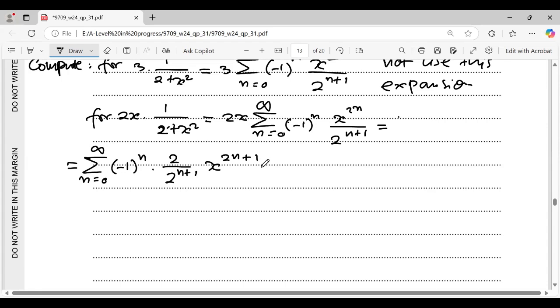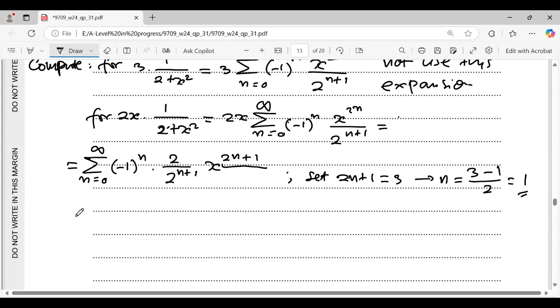So we want the x cubed term. So we are going to set 2n plus 1 equal 3. So it means n equals 3 minus 1 divided by 2 equals 1. So n equals 1.